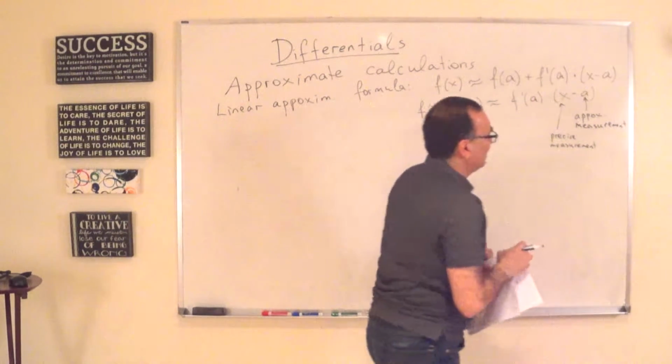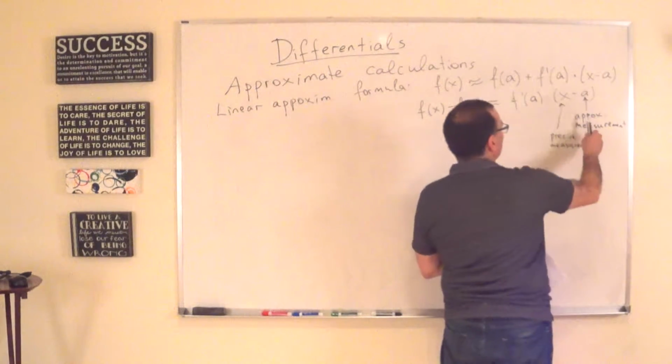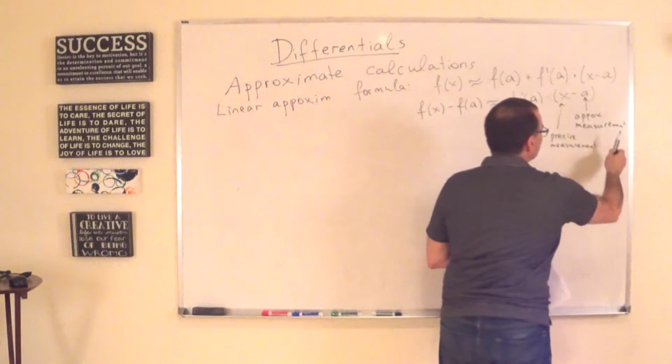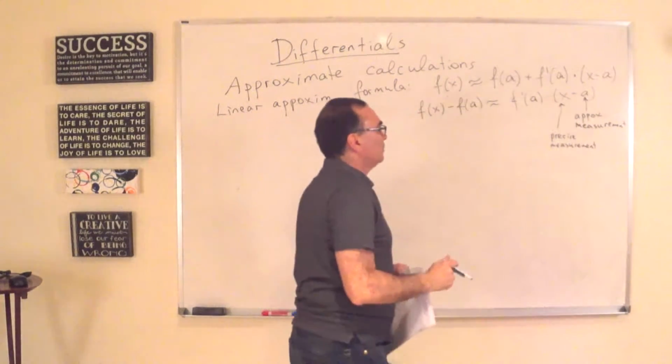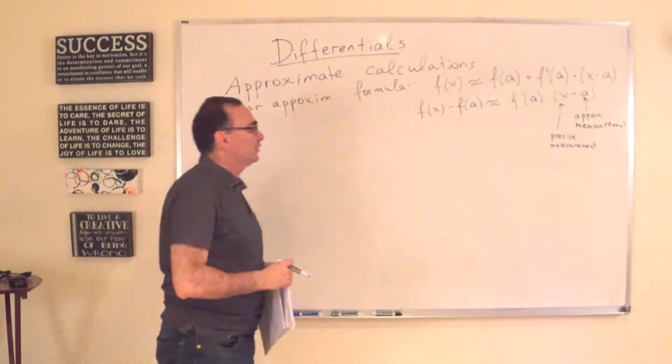Since our tools to measure are not perfect, we do know the approximate measurement that the tool shows, but we don't know the precise measurement. We do know though that they are close to each other because our measuring tool is actually good, or supposed to be good.